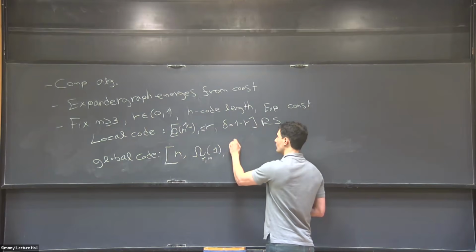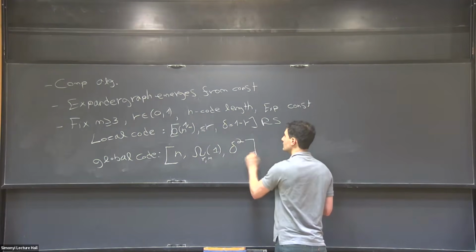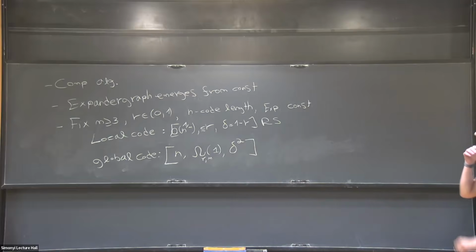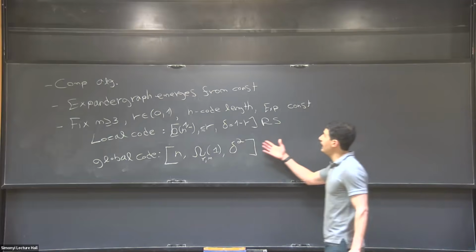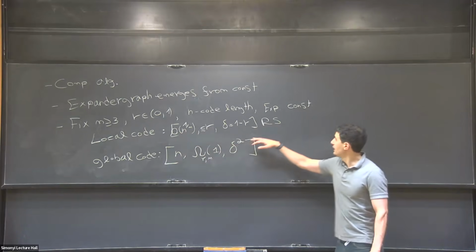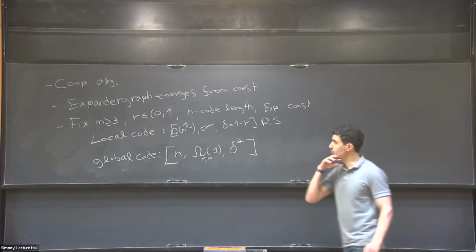And the distance is more or less delta squared, the global distance. These are the parameters of the code. As you can see, the local codes are Reed-Solomon codes, and it works for any r. Therefore, we can support the multiplication property.